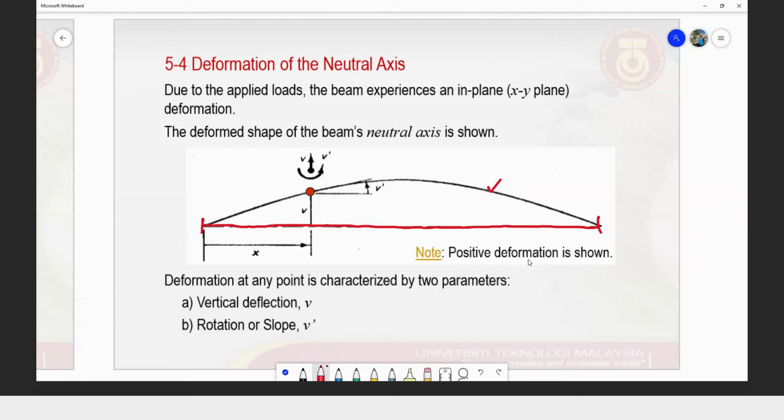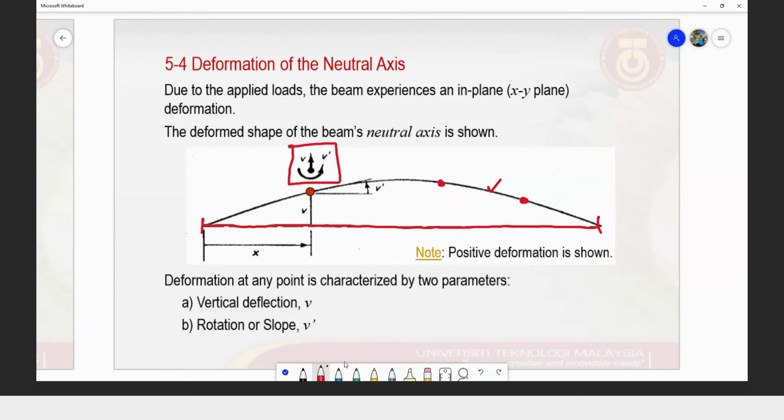So positive deformation is shown, which is represented by these notations lah kat sini. So at one point, okay, this is our beam. Kalau saya ambil any point along the beam here, then there will be two types of deformation.